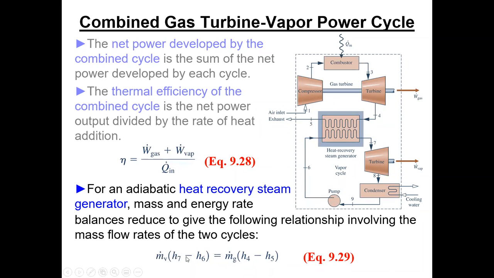And that's H7 minus H8, what the water side is picking up. And for the mass flow rate of the gases, H4 is coming in hot, H5 is going out cool. So that's just the energy exchange. What's lost by the gas is picked up on the water side. So you just put your control volume around this and it just falls out. So it's pretty simple.